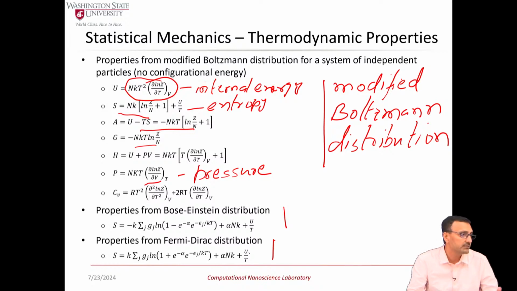But if you have a collection of particles, then besides that there is a configurational energy, because now you are talking about a collection of particles that are interacting with each other, electrostatically as well as dispersion and short range repulsion forces.